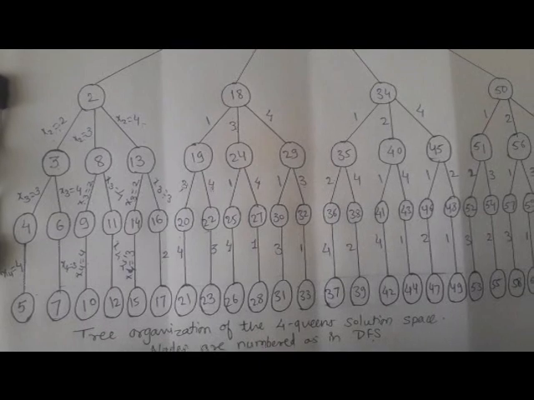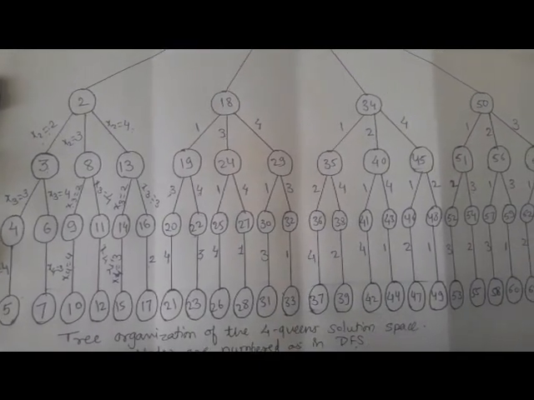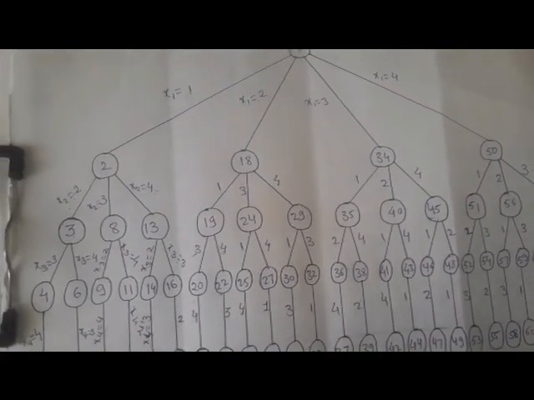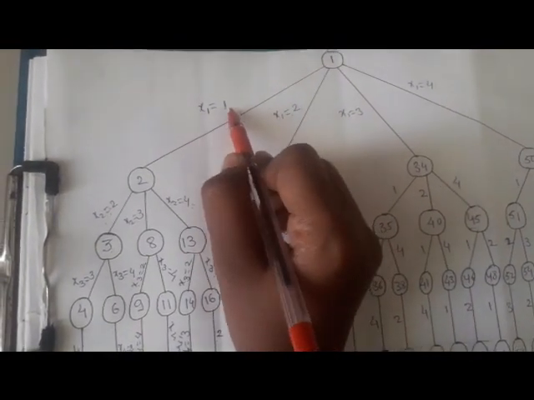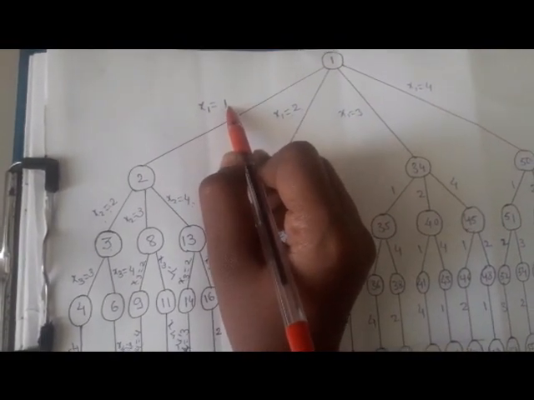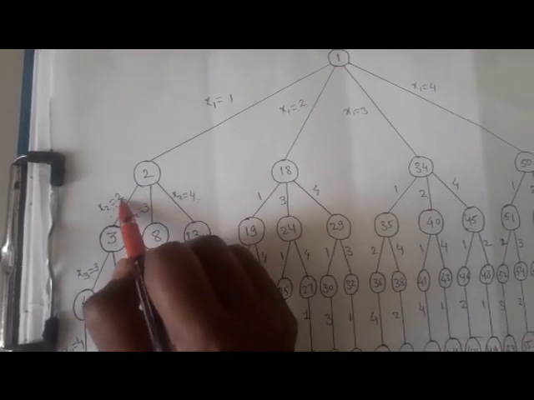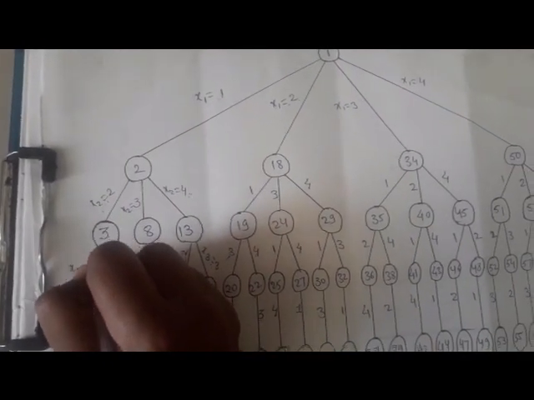Now let's find the solutions for the 4 queens problem by using this tree organization of the solution space. Just consider that our first queen is present in the first column. The second queen we can't place in the second column, so from here we will backtrack.